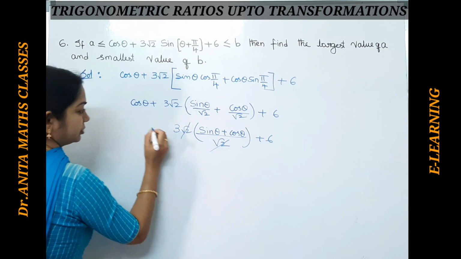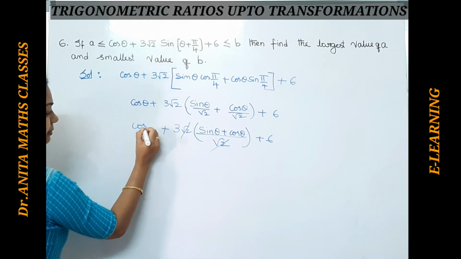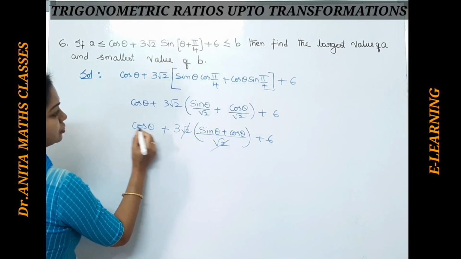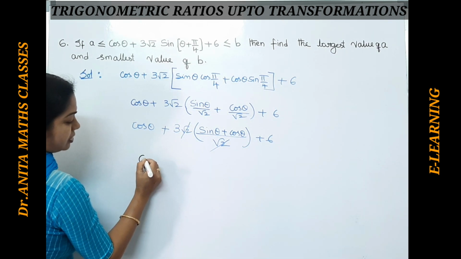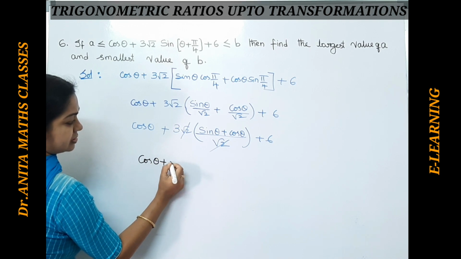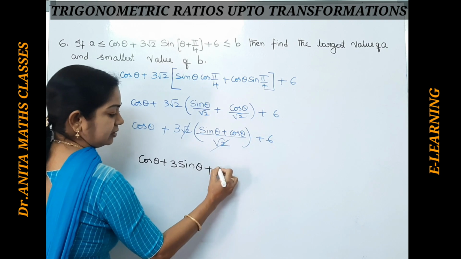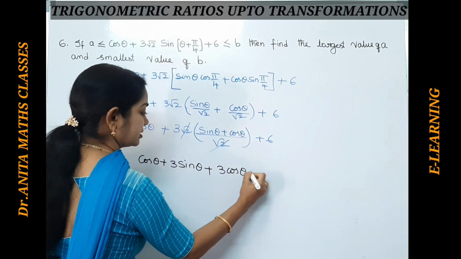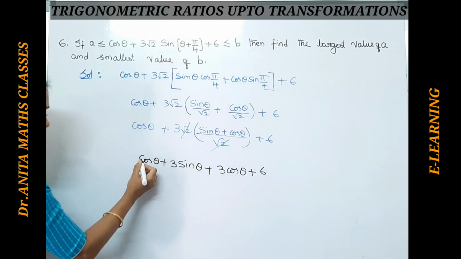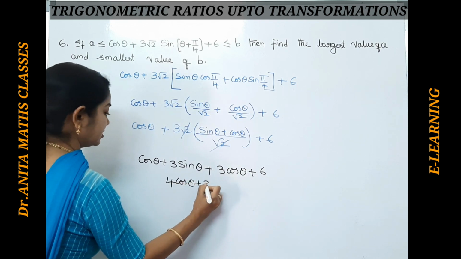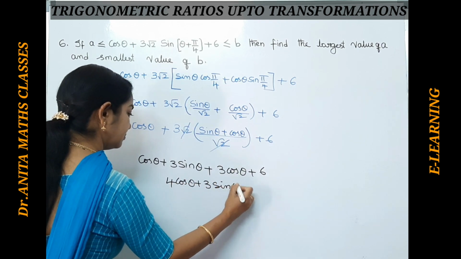Root 2 gets cancelled because it is multiplication here. So this comes to cos theta plus 3 sine theta plus 3 cos theta plus 6. Now cos and cos, so this comes to 4 cos theta plus 3 sine theta plus 6.